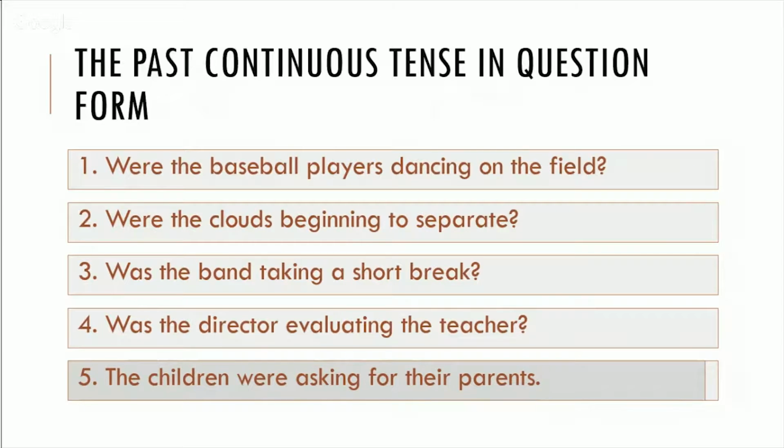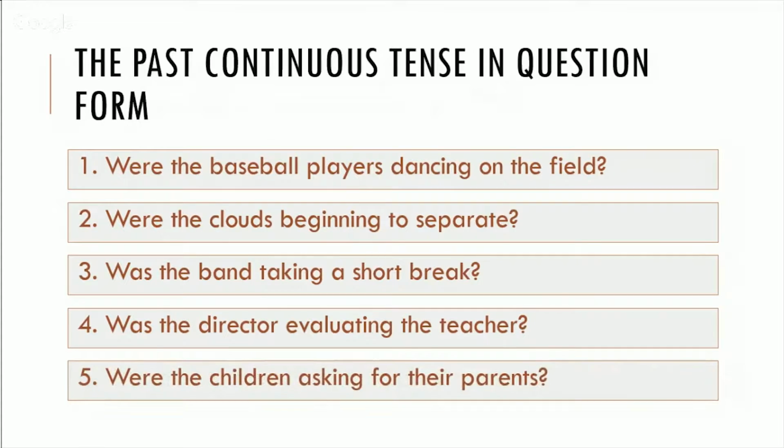That's a question. And you have the last one. The children were asking for their parents. And the answer, you take were, you put it in the beginning, you add a question mark. Were the children asking for their parents? So there you have it.